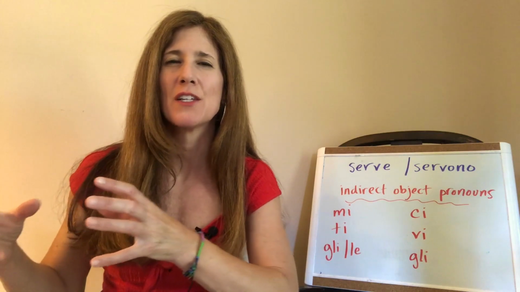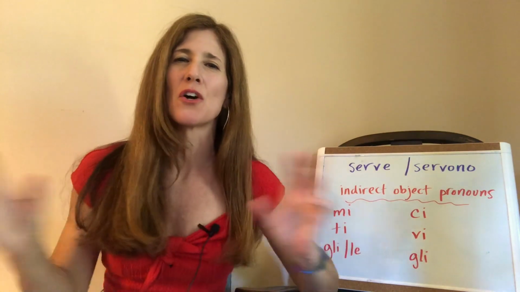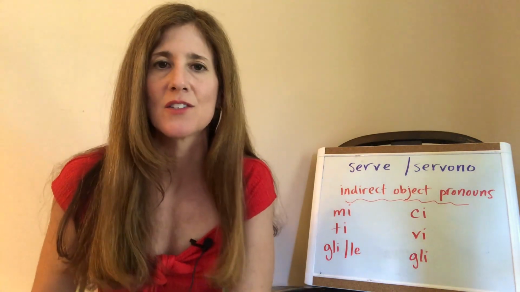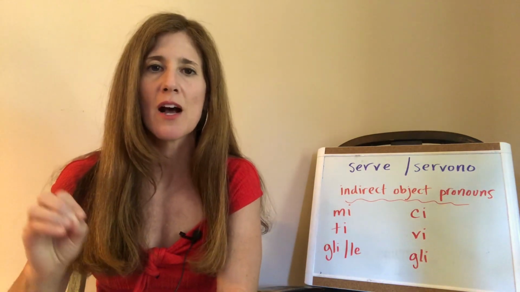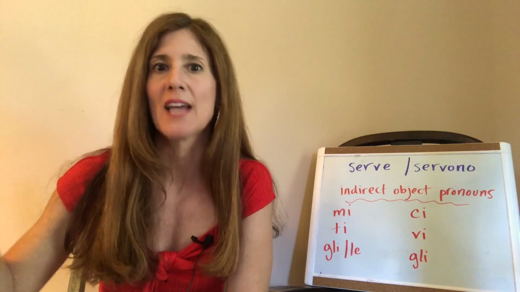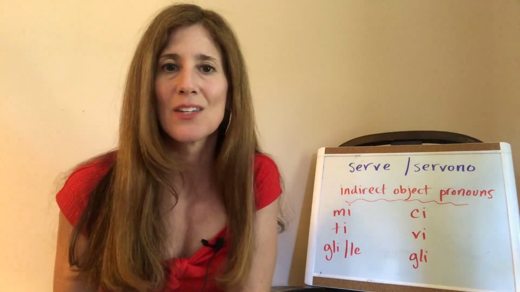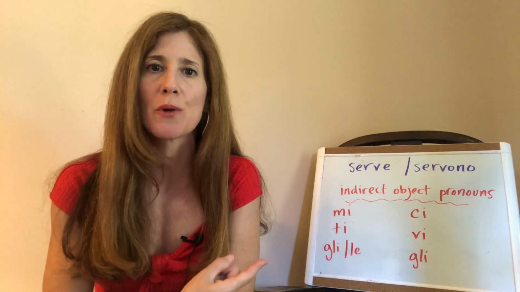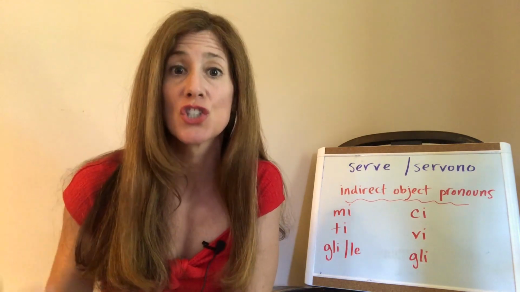But the fork is serving to me. So when we translate it like that, it doesn't really make sense. But if you just remember the formula and then you put the object afterwards. Because una forchetta was singular, that's why we use the third person singular conjugation serve.